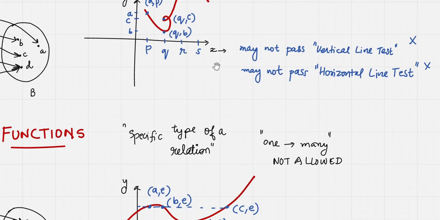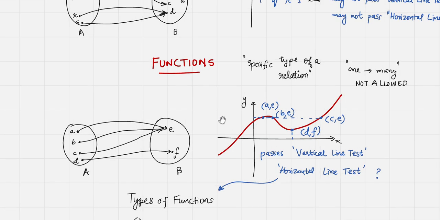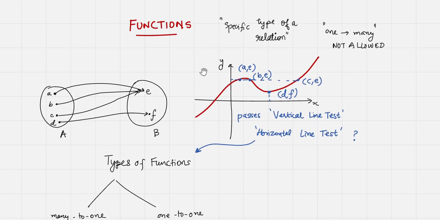Okay, next we come to functions. Functions are a very specific type of relation, a relation where one-to-many mapping is not allowed.